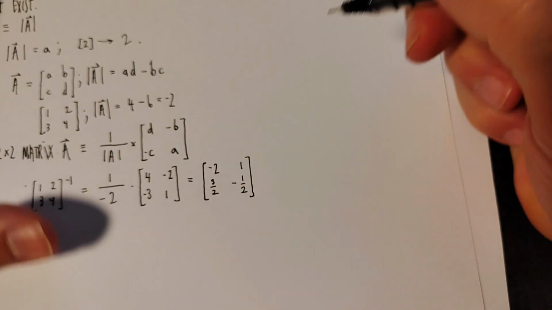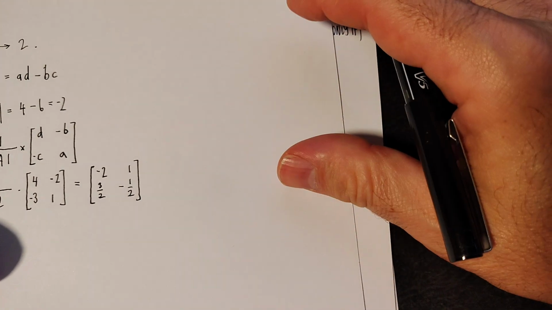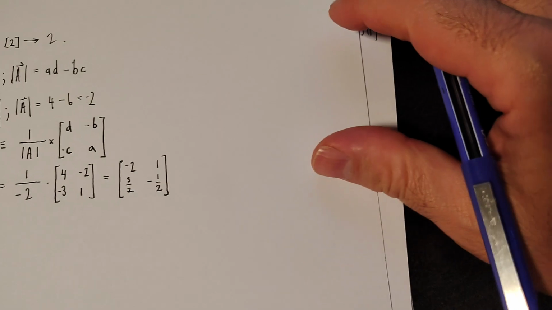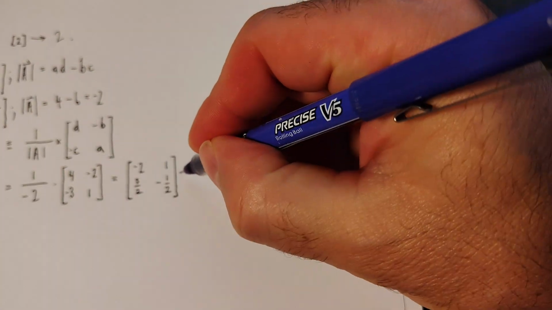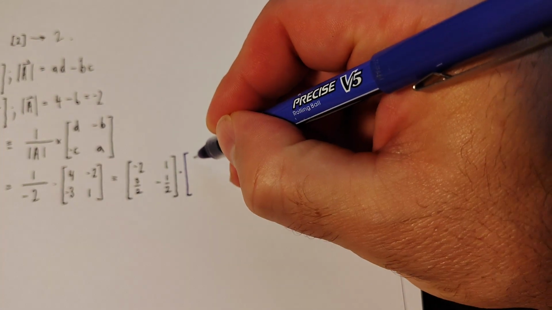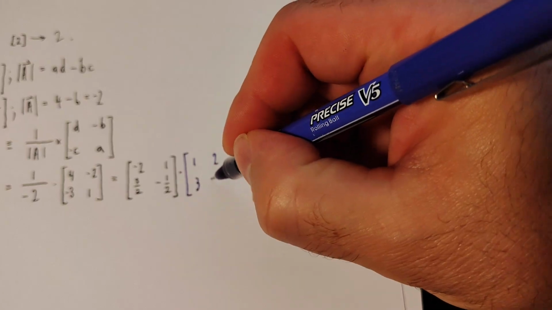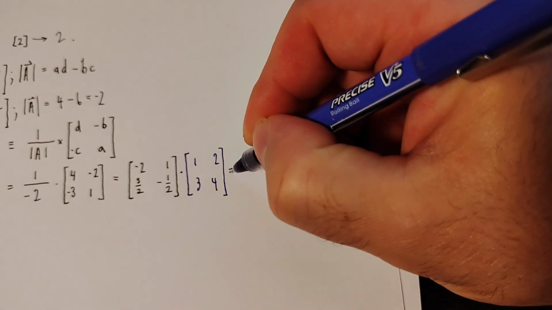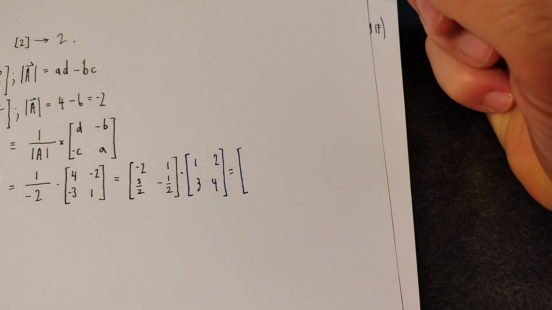Can we test this? Absolutely. All we need to do is multiply by that original matrix, and if we did our work right, we should get the identity matrix back. 1, 2, 3, 4. All right.